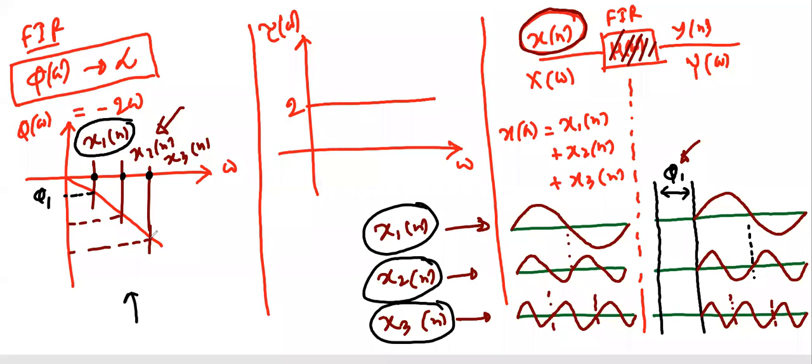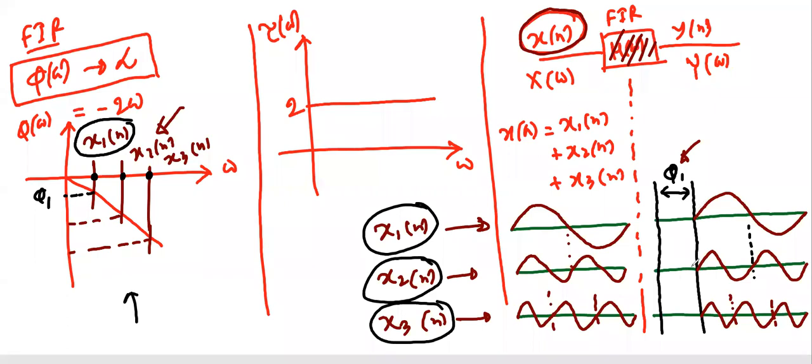Try to understand that in the case of x1[n], what is the phase delay? That is phi 1 with respect to x1[n]. How many degrees has it actually been delayed? What is the phase of that?